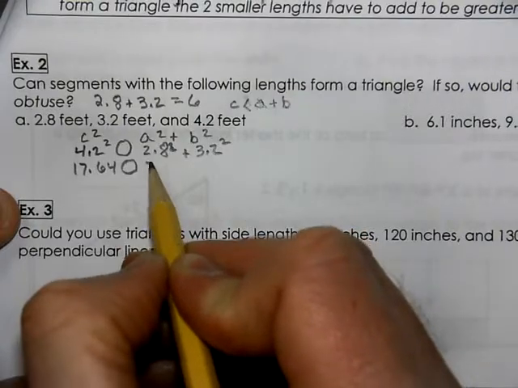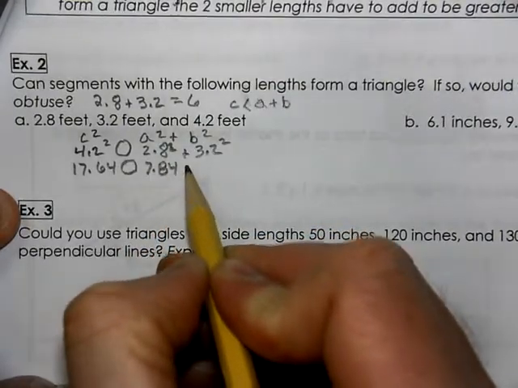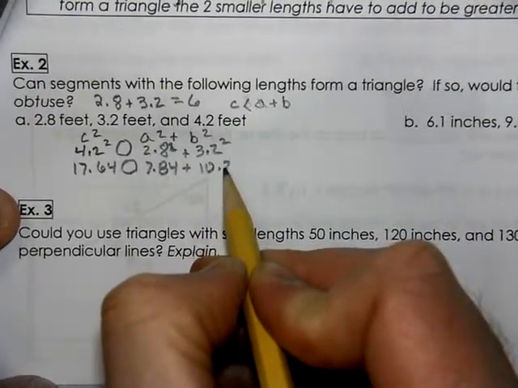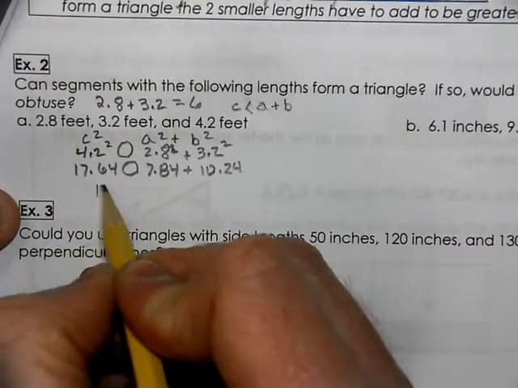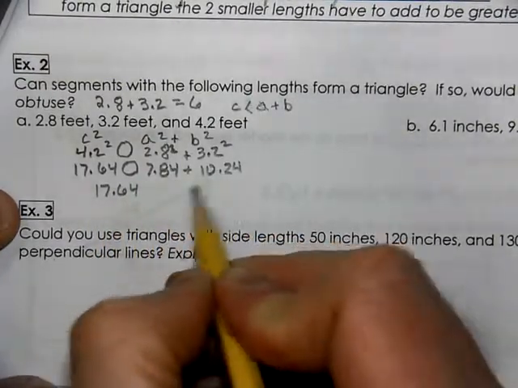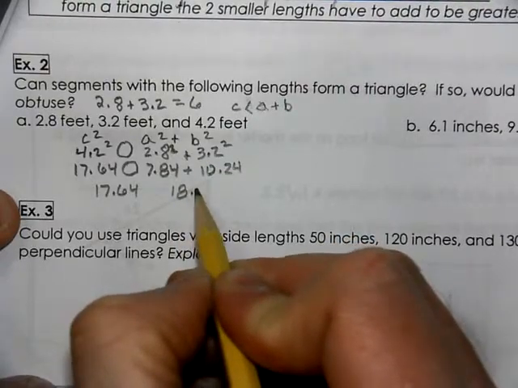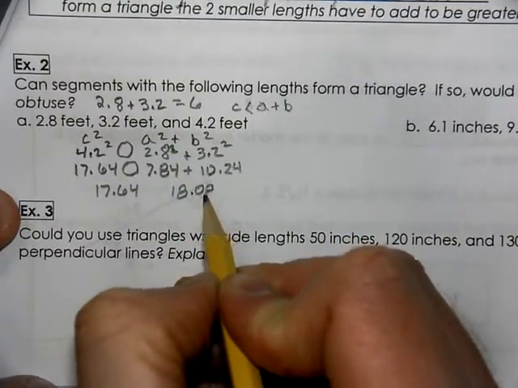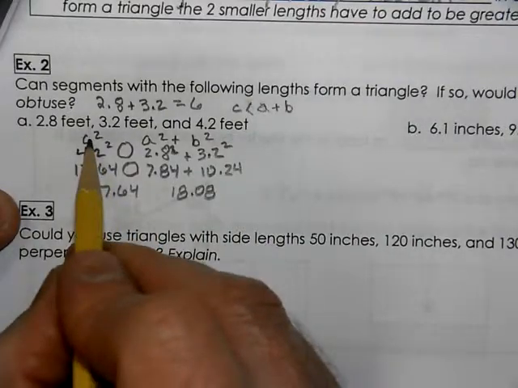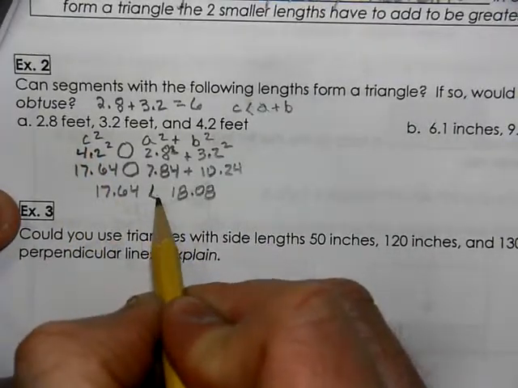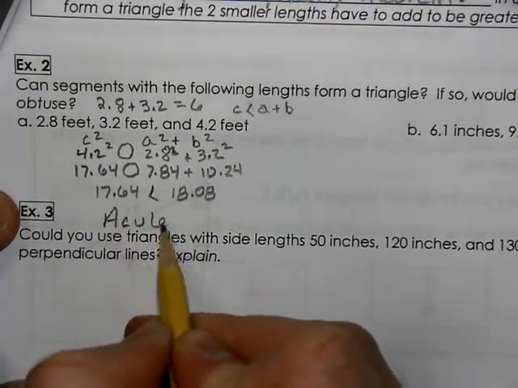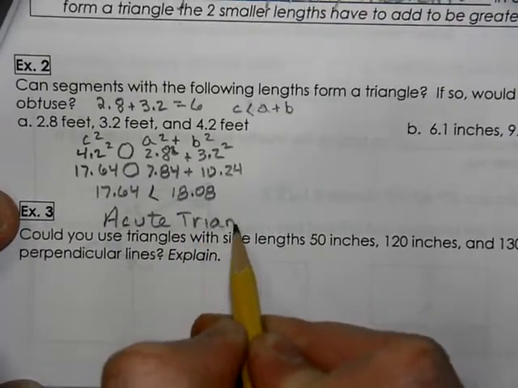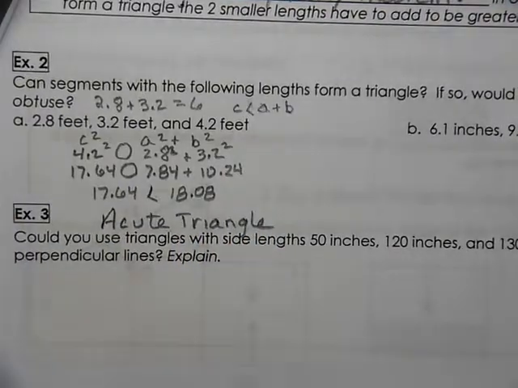And we have to compare that with 7.84 and 10.24. When we add them together, we get 18.08. So we know that c squared is less than. If it's less than, then it's going to be an acute triangle. Remember, you always want the c squared to be first.